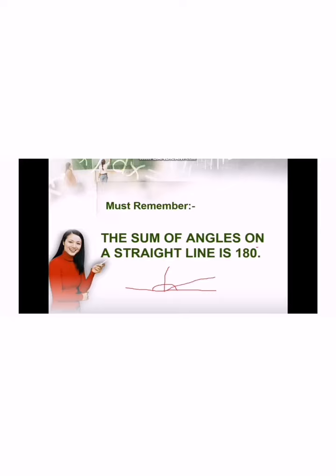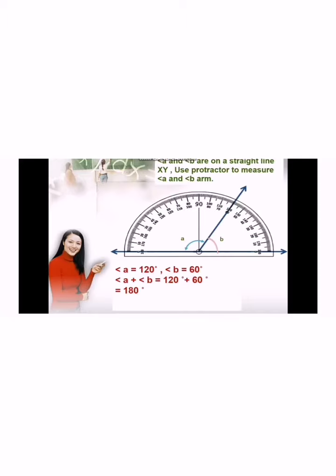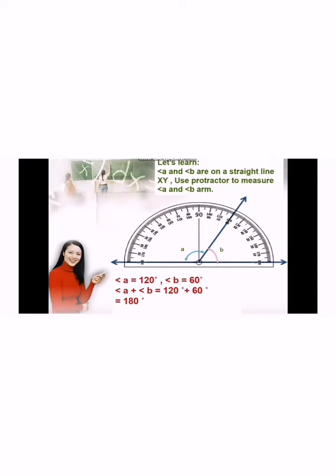Now if I draw another line, it has three angles. These three angles add up to 180 degrees. So this must be remembered for doing angles on a straight line.